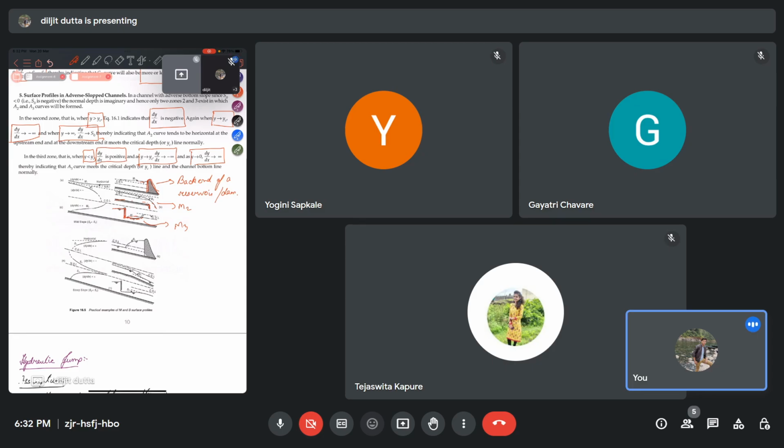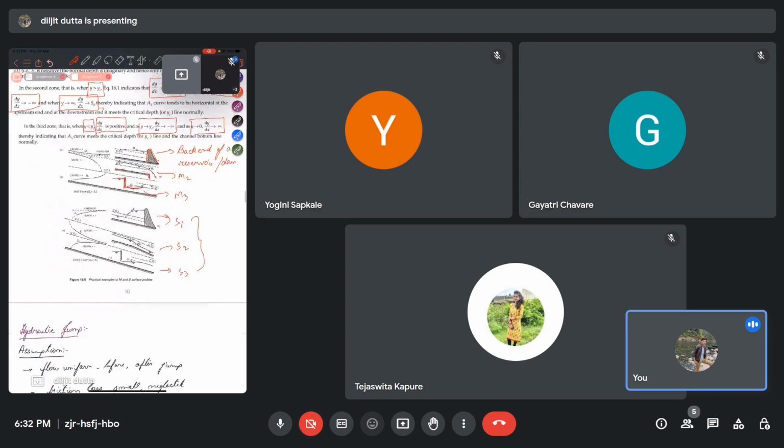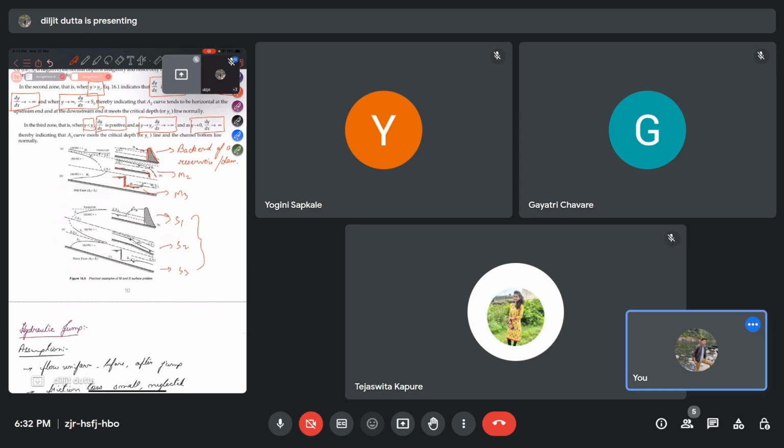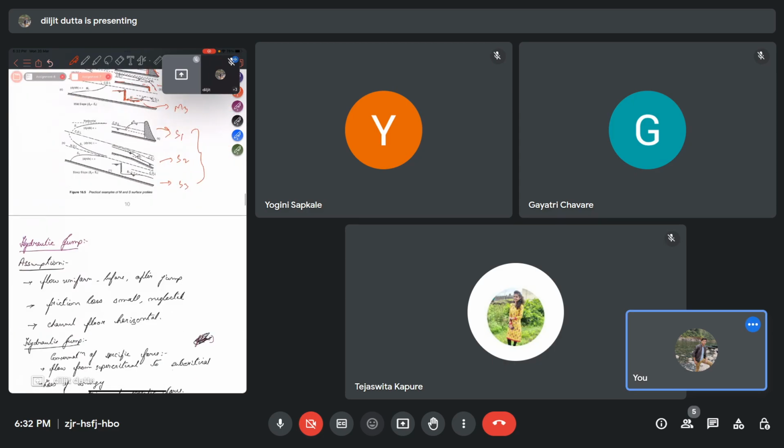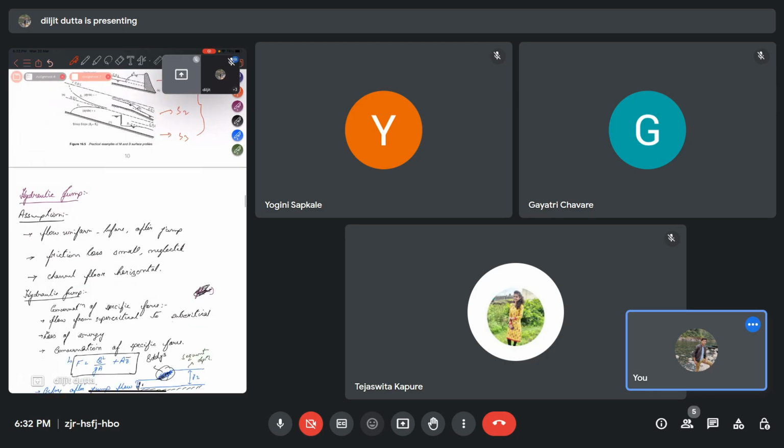So these same three cases can be obtained for steep slopes. This is for the mild slope. If we have a steep slope, then instead of M1 we will get S1, instead of M2 we will get S2, and instead of M3 we will get S3. So this will depend on the bed slope. If the bed slope is steep, we will get the S profiles. If the bed slope is mild, we will get the M profiles. So this was about gradually varied flow.